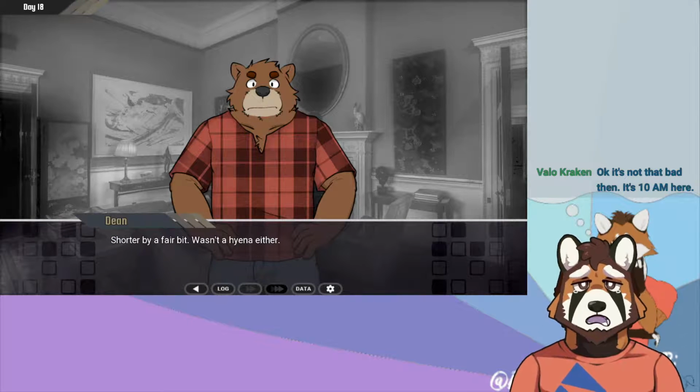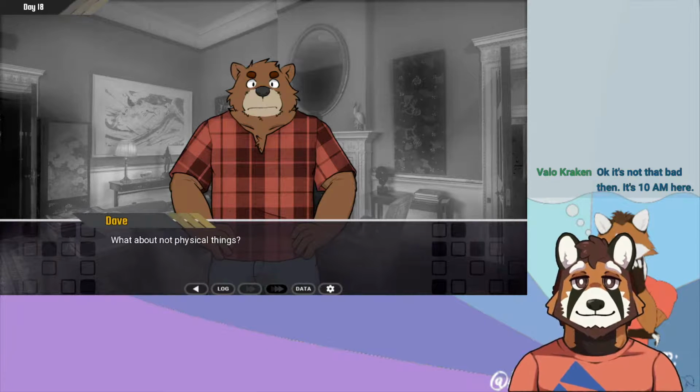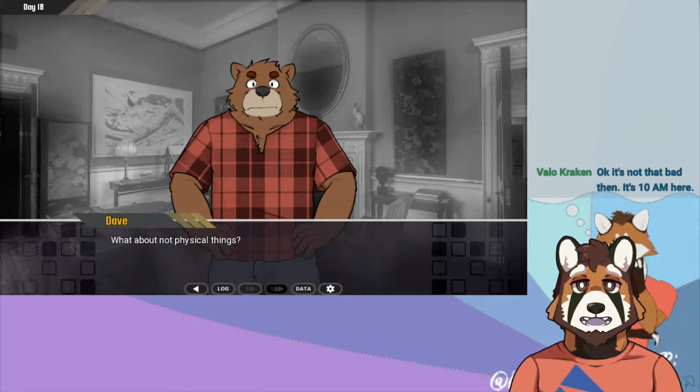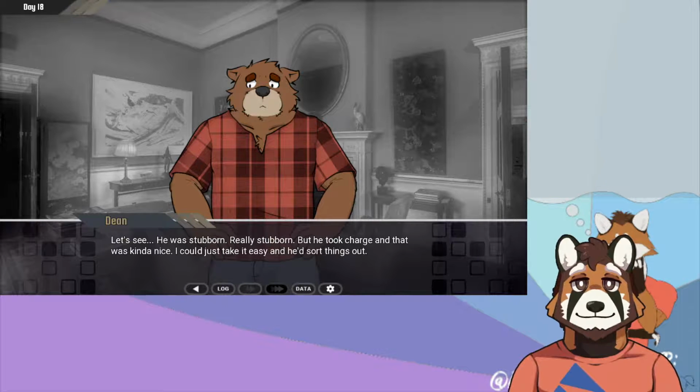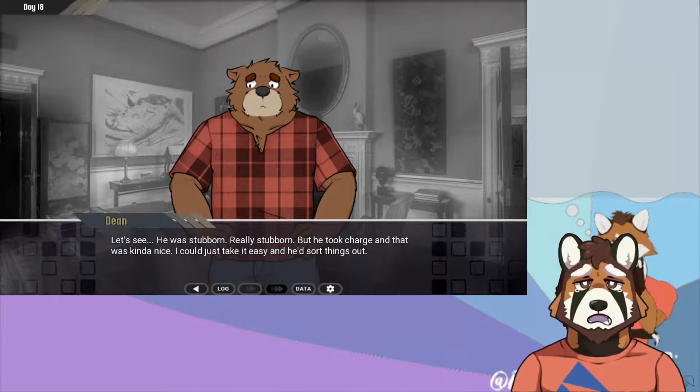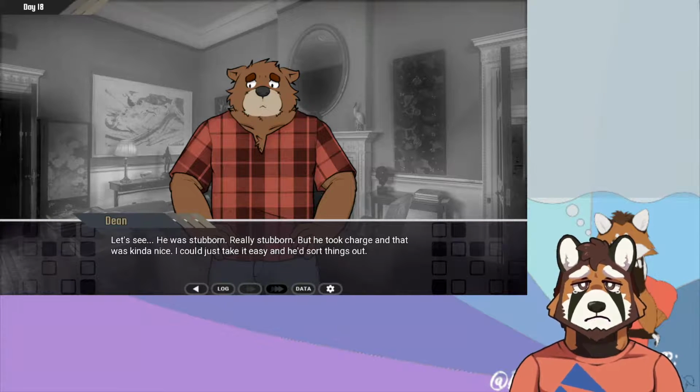Shorter by a fair bit. Wasn't a hyena either. What about not physical things? Let's see, he was stubborn. Really stubborn. But he took charge, and that was kind of nice. I could just take it easy and he'd sort things out.